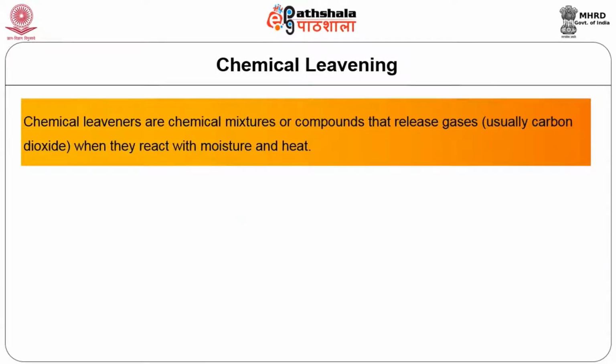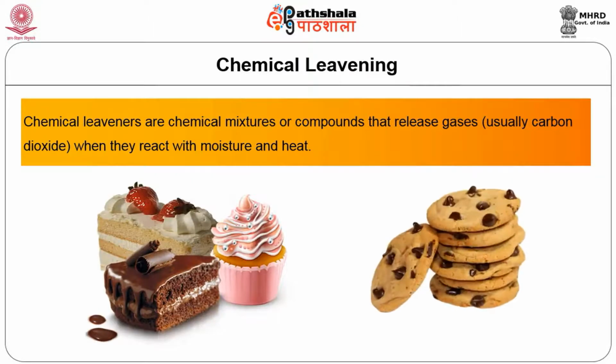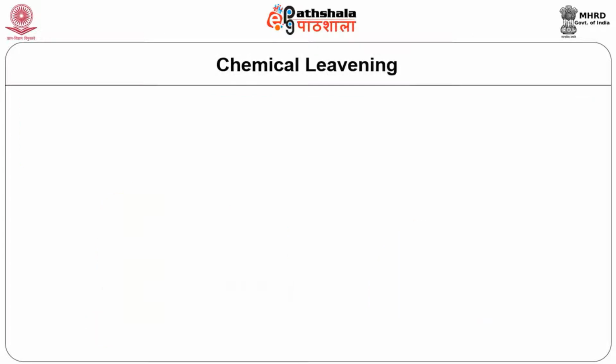Chemical leaveners are chemical mixtures or compounds that release gases, usually carbon dioxide, when they react with moisture and heat. Chemical leaveners are used in cakes, cookies and numerous other applications where a long biological fermentation is impractical or undesirable.